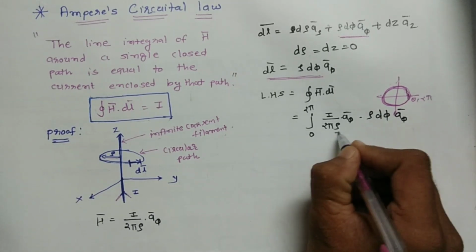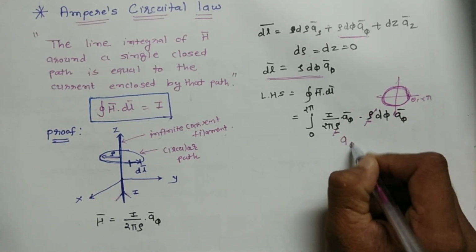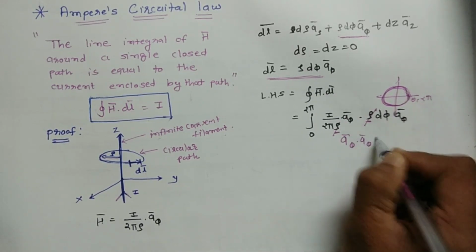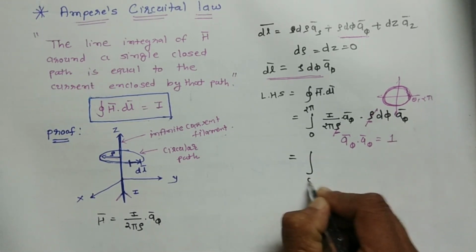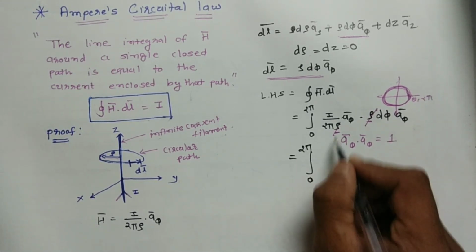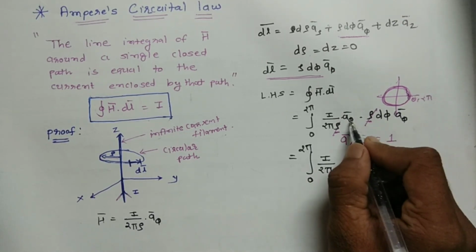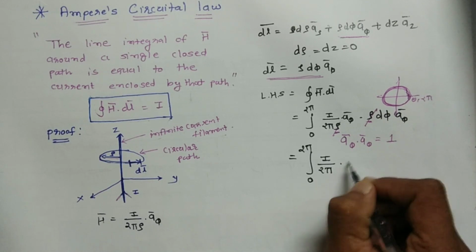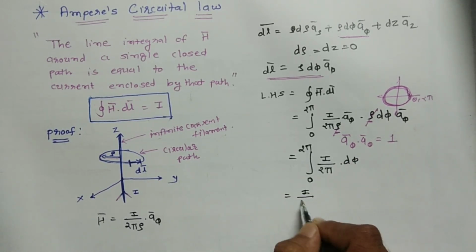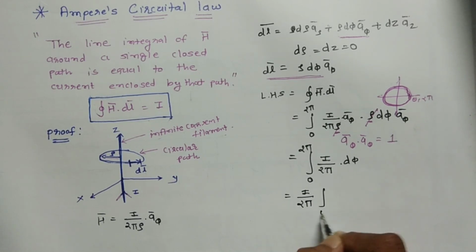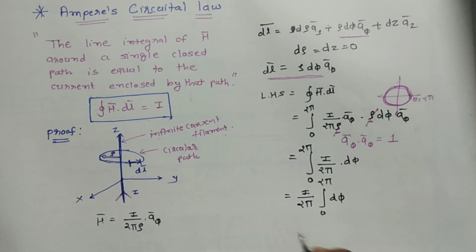Here rho and rho cancel, and a phi bar dot a phi bar is equal to 1, so we can write the integral from 0 to 2 pi of I upon 2 pi into d phi.